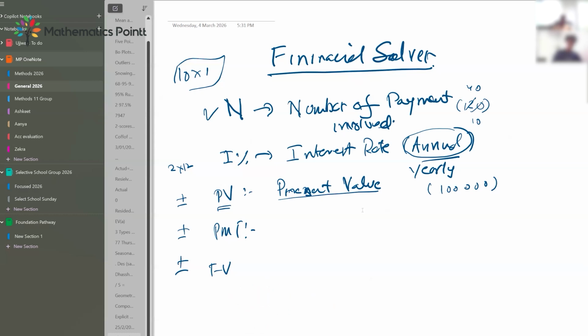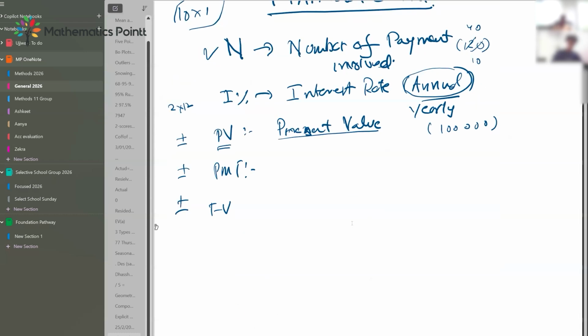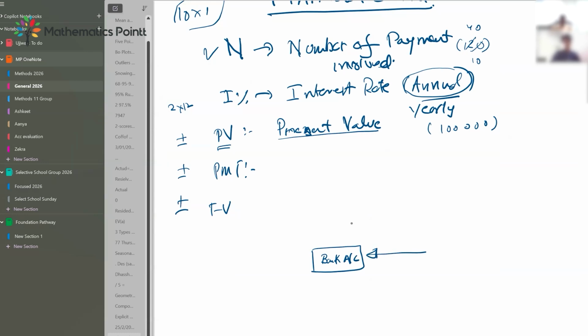So the basic principle says that, if this is my bank account, or the bank account of the person in the question, any money coming into the bank is always positive. Any money going out of the bank account is always negative.